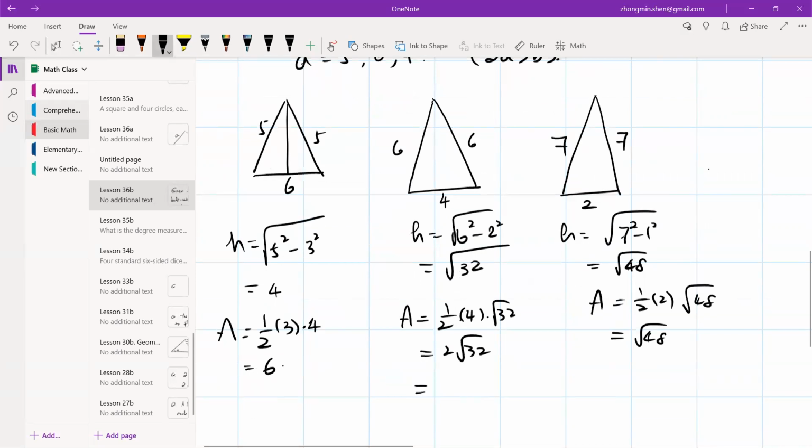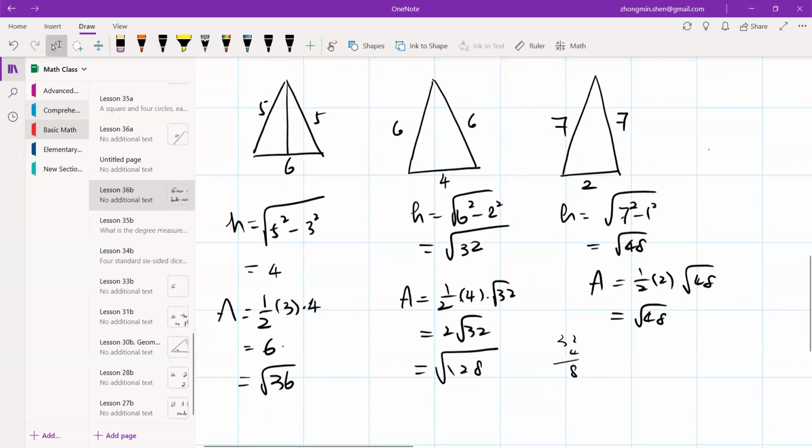Because when you move the 2 inside, 32 times 4 is 128, and this will be the square root of 36. And clearly, the one in the middle is going to be the largest. It has the largest area, right?